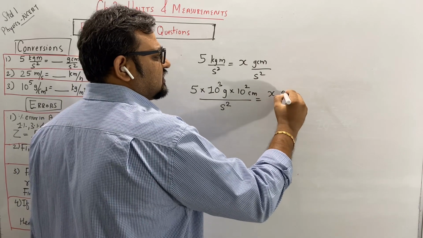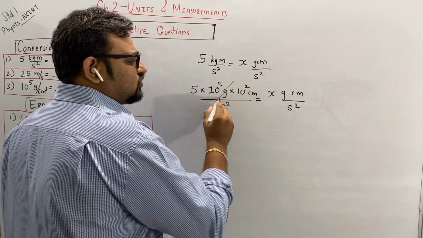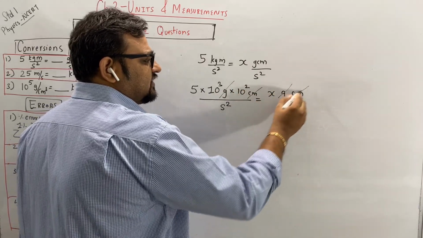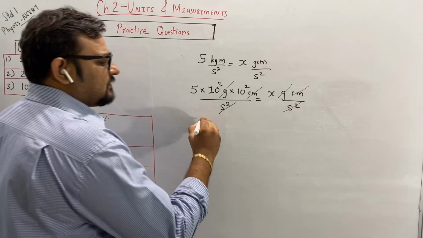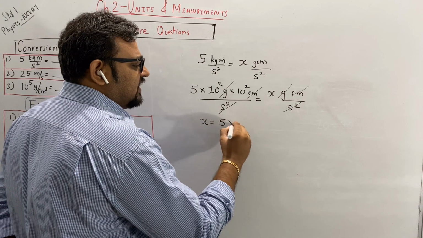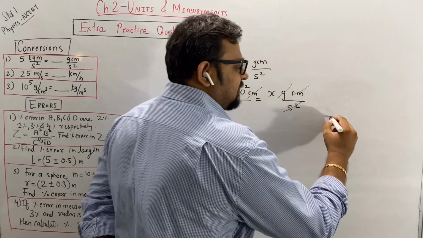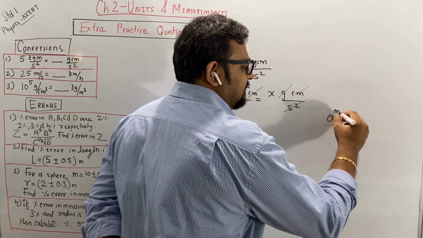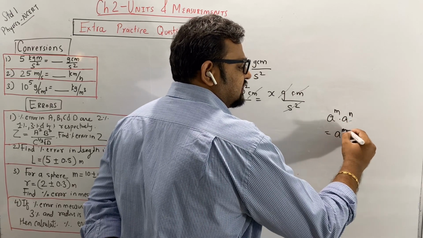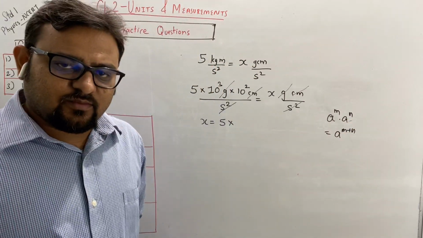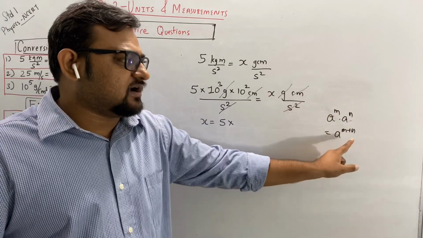So x gram centimeter per second square. Gram gets cancelled, centimeter, second square. So what is x? 5 into 10 raised to 3 and 10 raised to 2. Remember this property: a raised to m into a raised to n is equal to a raised to m plus n, because it is multiplied. Both bases are the same, so powers are added.